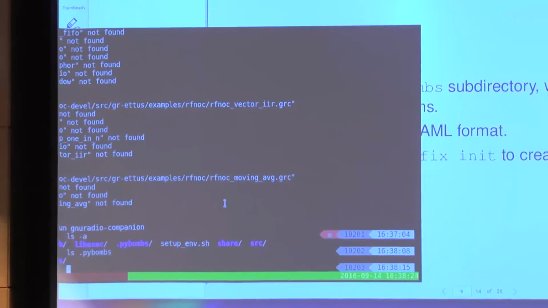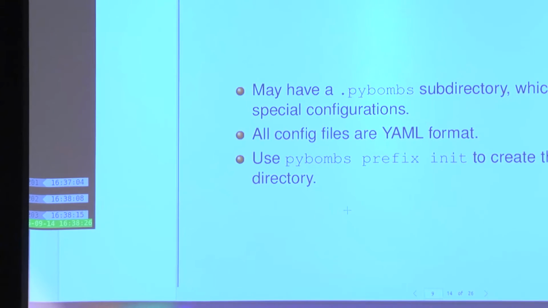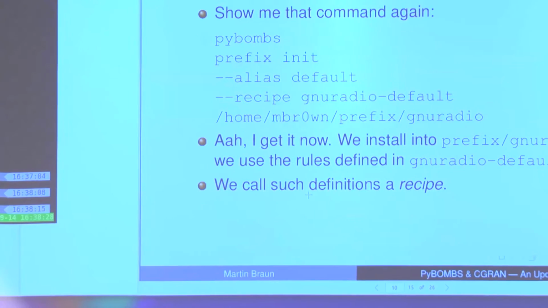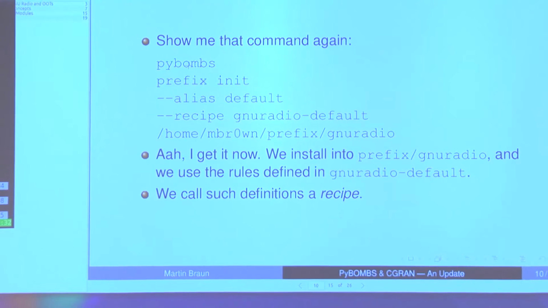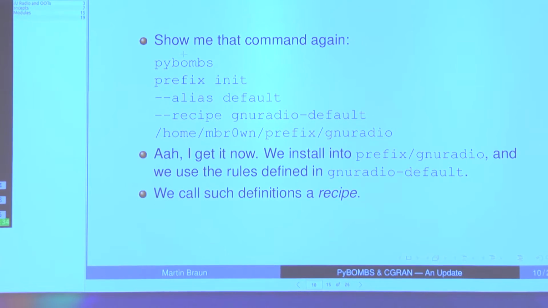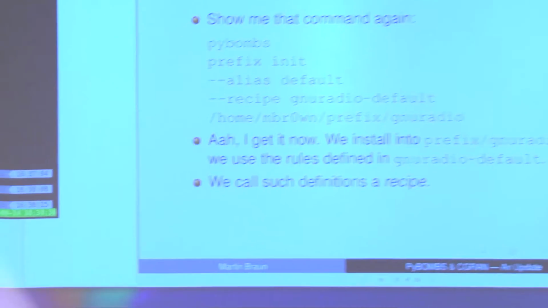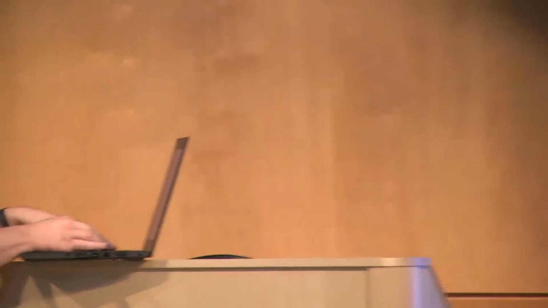Okay, let's put this on the side again, and go back to the command that I initially ran to install all of GNU Radio. This is the same command, only I split it up on several lines. So everything starts with PyBOMBS. It's like git or other commands that have subcommands. In this case, I have a subcommand prefix init. I want to initialize a prefix.